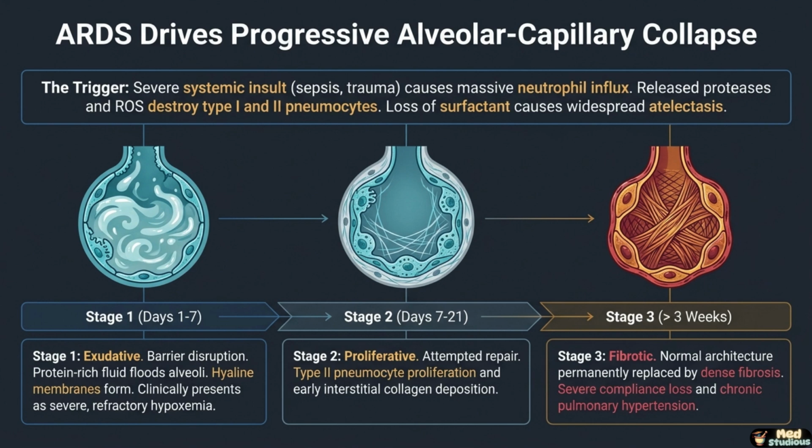The body attempts repair through type 2 pneumocyte proliferation and early interstitial collagen deposition. If the insult continues beyond 3 weeks, stage 3 develops, the fibrotic phase, where the lung's normal architecture is permanently replaced by dense fibrosis, resulting in severe loss of lung compliance and often chronic pulmonary hypertension. This progression explains why early ARDS intervention is so clinically critical. Once fibrosis sets in, the damage becomes largely irreversible.